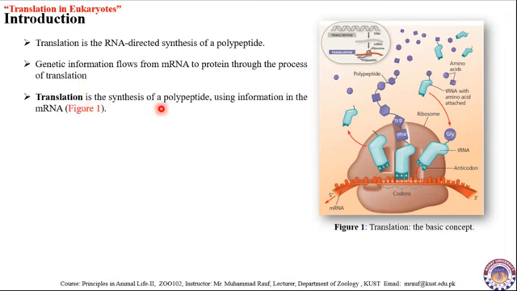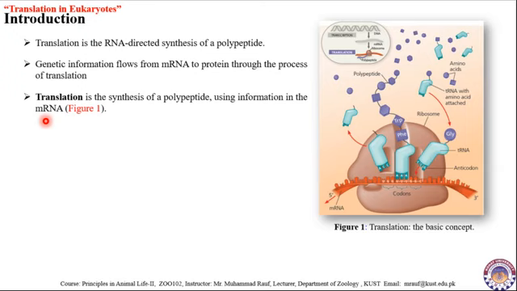Translation is the synthesis of a polypeptide using information in the messenger RNA. Now here you will recall the genetic code, which is the triplet of bases that represent amino acids. So RNA consists of triplets of bases.